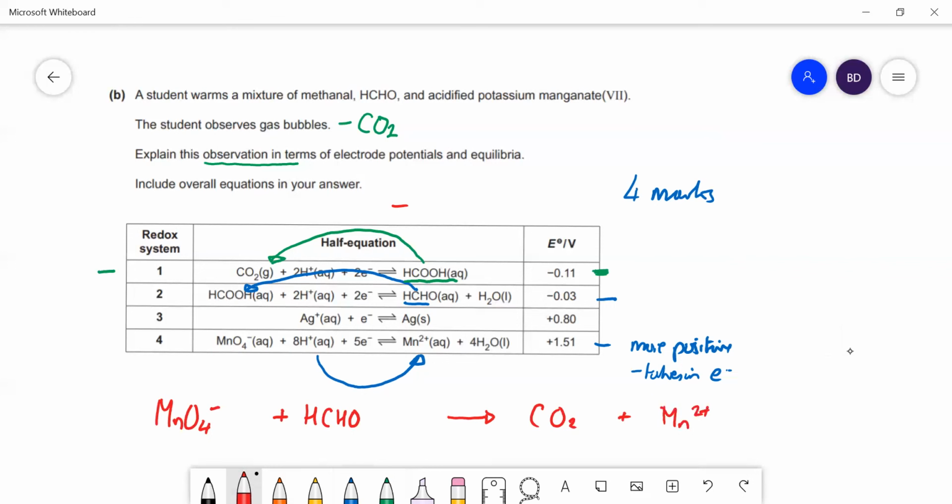But we have to be careful with the number of electrons here. So the manganate is being reduced by 5 electrons.